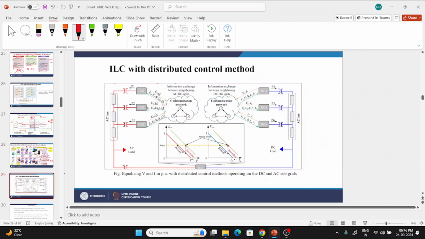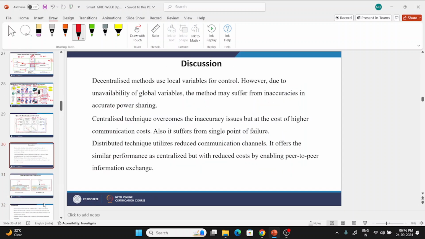Okay, this is a schematic of an ILC with the distributed control methods. Now, as we know, the decentralized method uses local variables for control. However, due to unavailability of global information, the method may suffer from inaccuracies in power sharing. But in distributed methods, there are communication channels.